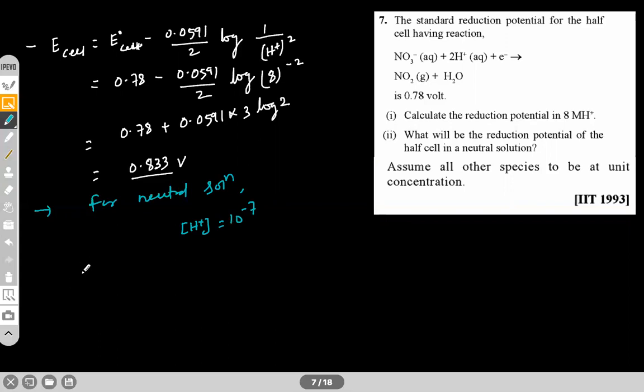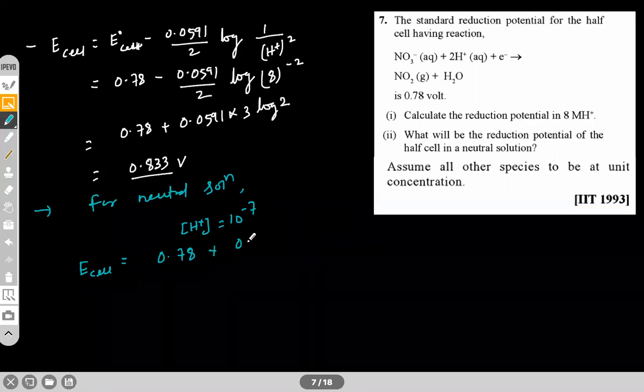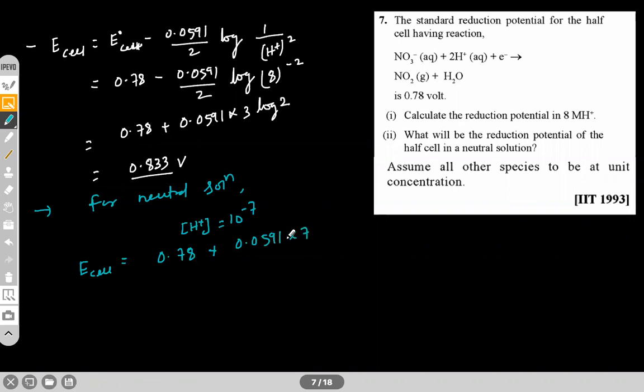Now we'll substitute this H plus here. So what we get, E cell is equal to 0.78 plus 0.0591 into 7, sorry, into minus 7.